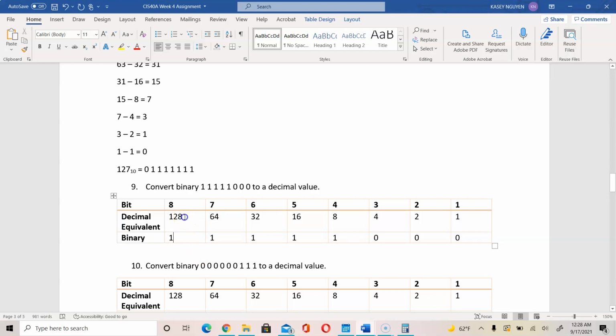Now we're only going to add the bits that have ones for decimal equivalents. So we add 128, 64, 32, 16, and 8. We're not going to add the rest because they are off. So you take 128 plus 64 plus 32 plus 16 plus 8.